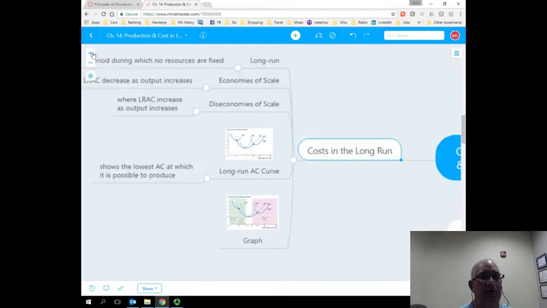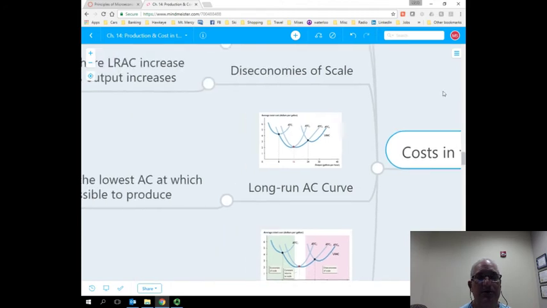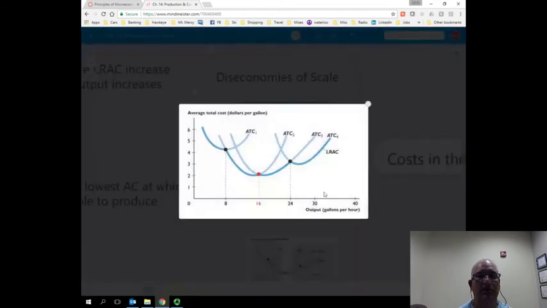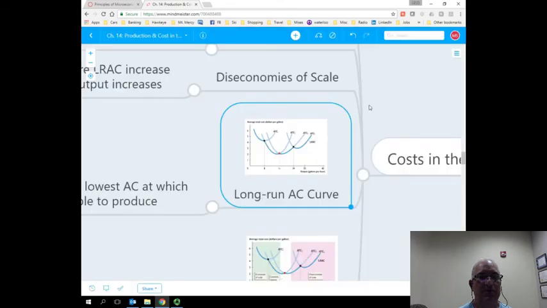And we'll zoom in here and look at some of these curves. Okay, these are the long run average total cost curves here. Here's the first one, second one, third one, and the fourth one. Okay, so these are the average total cost curves here.